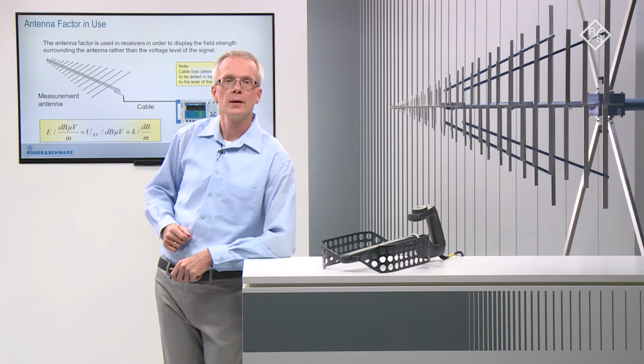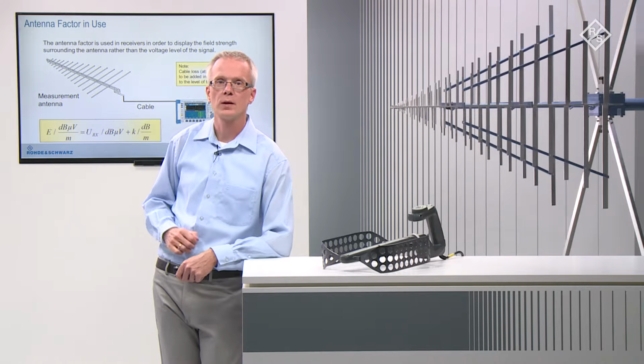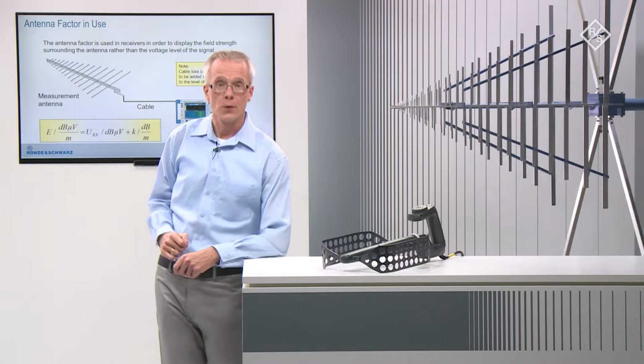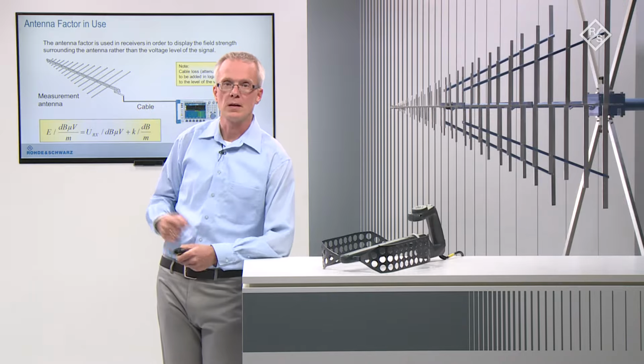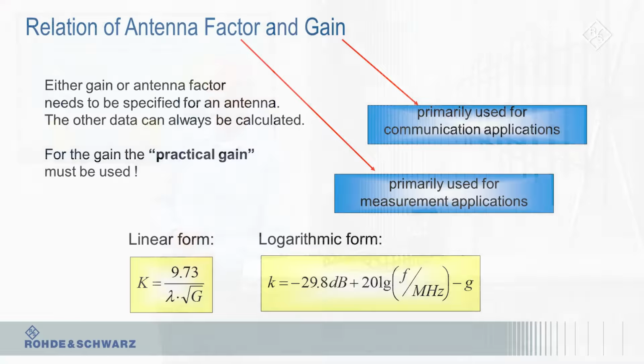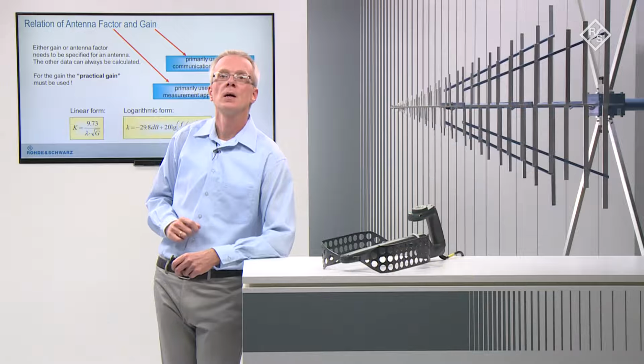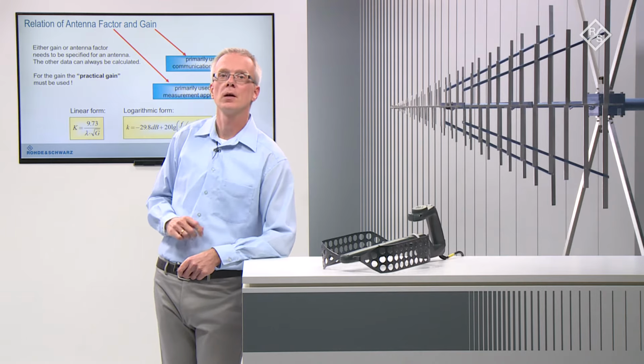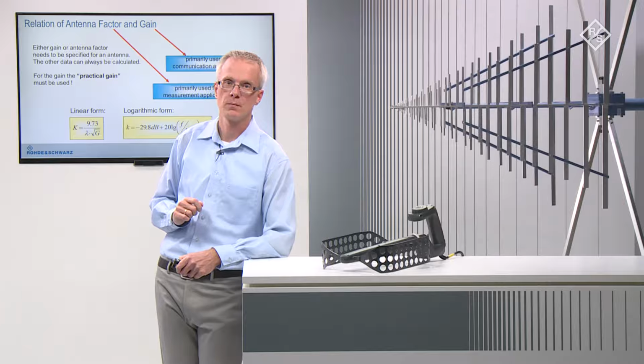For completeness and in order to get a precise field strength value, the losses of the cable between the antenna and the receiver must also be taken into account by simply adding them to the voltage. While the antenna factor is the predominant parameter for measurement antennas and measurement application, it is more common to use the gain value or the directivity as a describing parameter in communications applications.